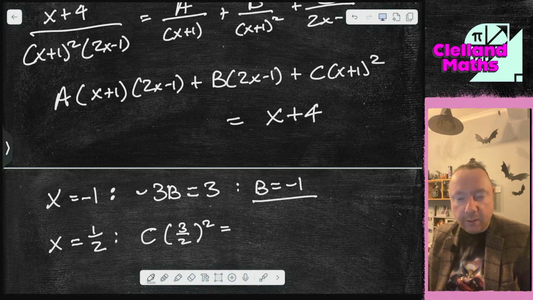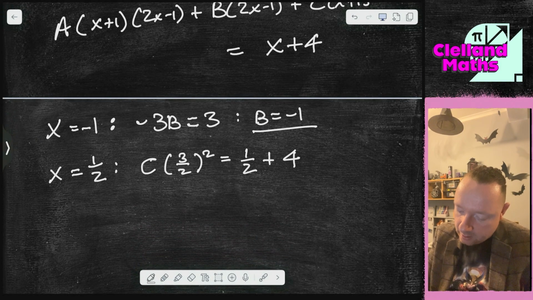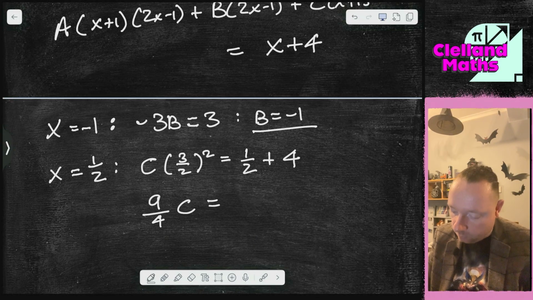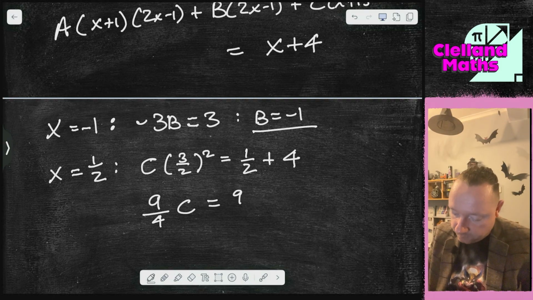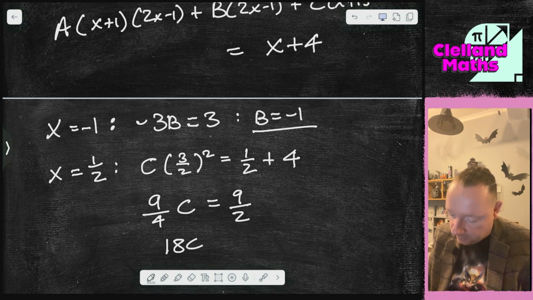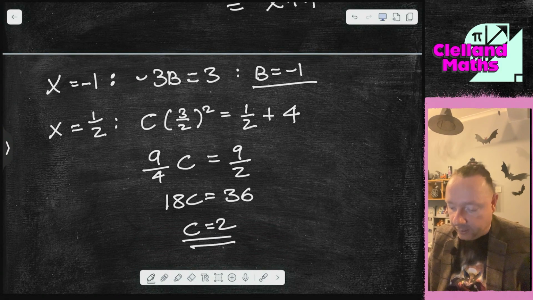I'll write a half plus 4, then you'll be able to see it. So that is 9 over 4 C equals 4 is 8 plus 1 is 9 halves. So that implies that 9C times 2 is 18C equals 9 times 4 is 36. 36 divided by 18 is 2. So finally C is 2.